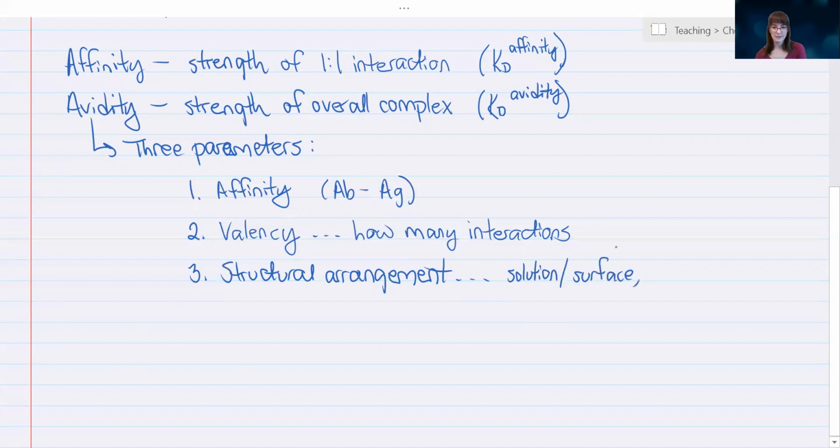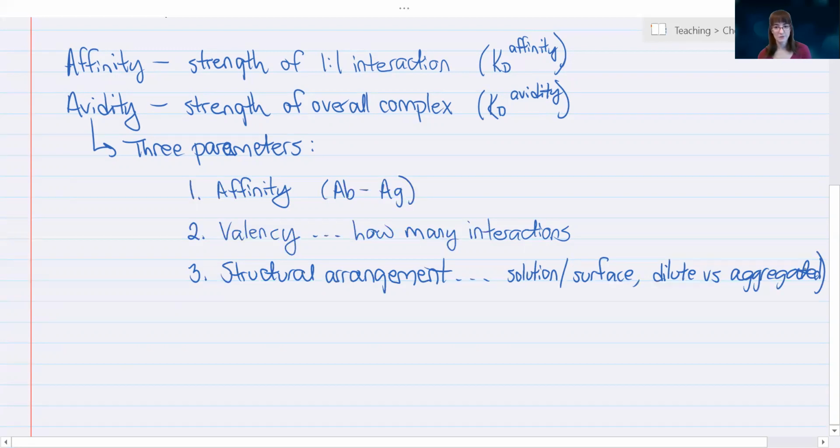Or is it loose so that it's only one set of molecules interacting versus in an aggregate? So dilute versus aggregated could be a way to phrase that. Okay, so those are the three things that can really affect avidity.